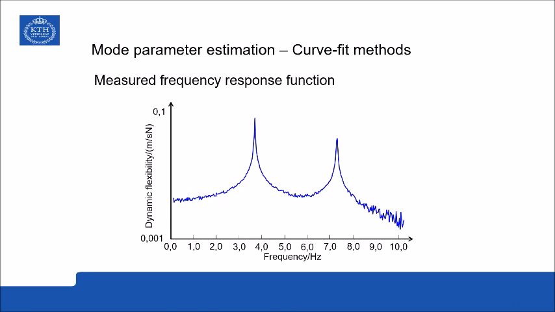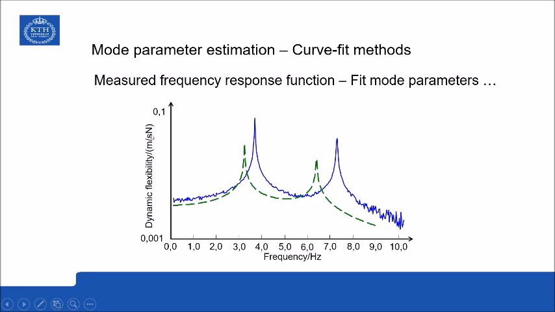So, returning to the measured frequency response function, if we simply calculate the model frequency response function, we find something that looks like this if we include 2 modes. The task then is to tune or select the mode parameters so that we have as good agreement as possible between the green theoretical model curve and the blue measured curve.